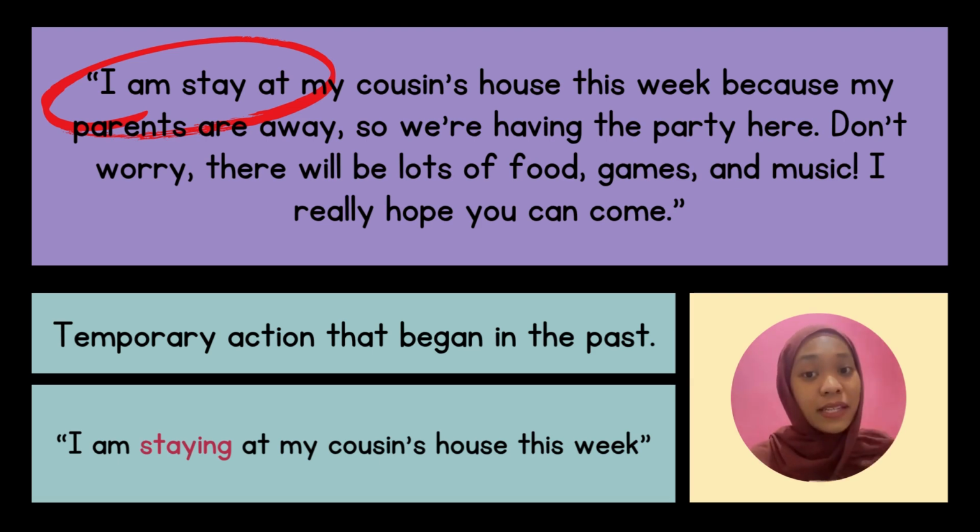So we have to use the present continuous tense. So the original sentence is wrong. The correct one is I am staying at my cousin's house this week. I am staying. Stay is a verb plus ing, or present participle. Very good. Okay, let's look at another example.